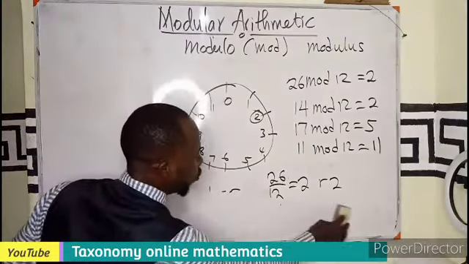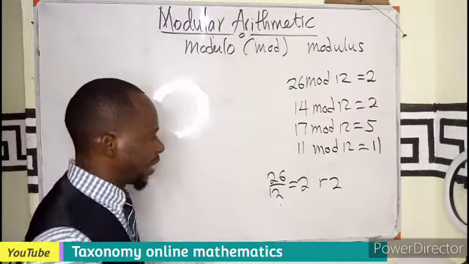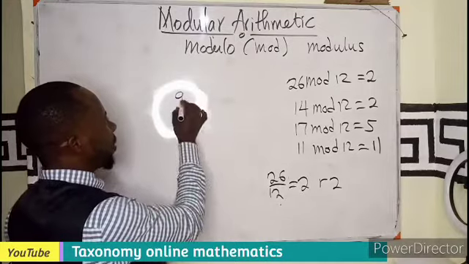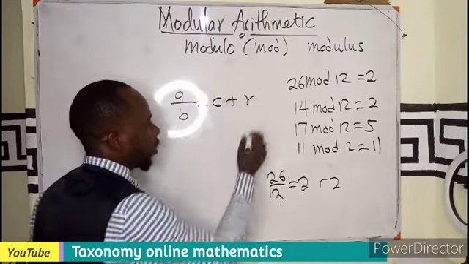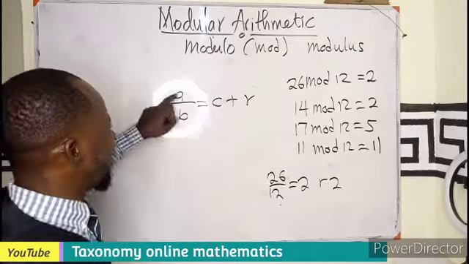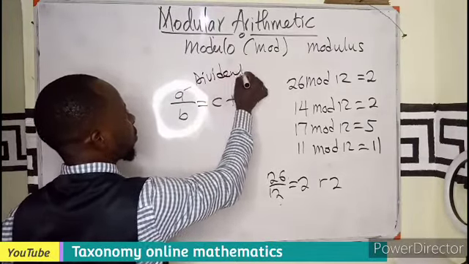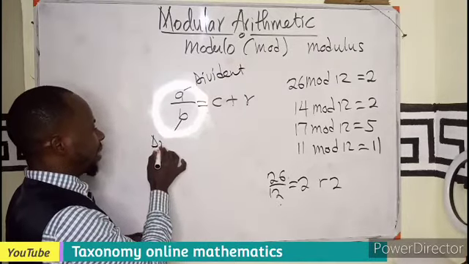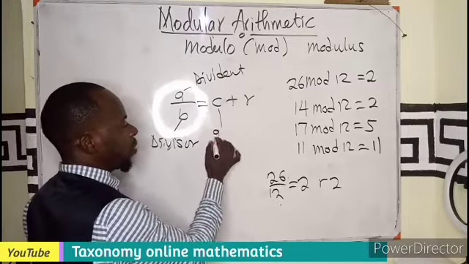Now, if I want to still stand on this, representing this with A, B equals, let's say, C plus R. In this case, we call this our dividend. This is our divisor. This becomes the quotient.